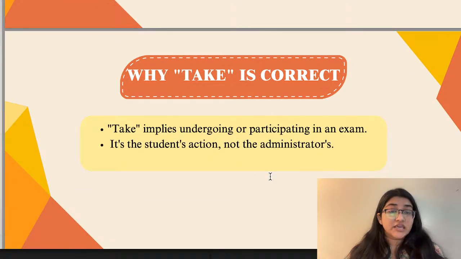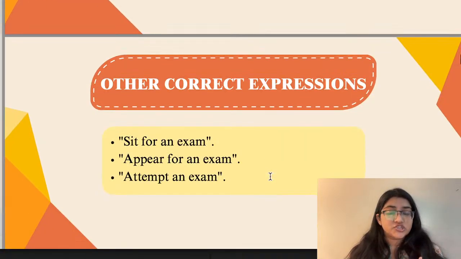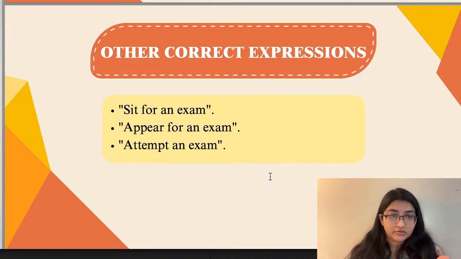So take implies undergoing or participating in an examination. You are attempting for it. You are sitting for that examination. And as a student, you are supposed to use take. And as a teacher, as an administrator, I will be giving you the test or giving you the examination. Why am I repeating it a lot? Because I wanted you to remember it. A lot of you make mistakes while using this phrase. So make sure that you remember this rule.